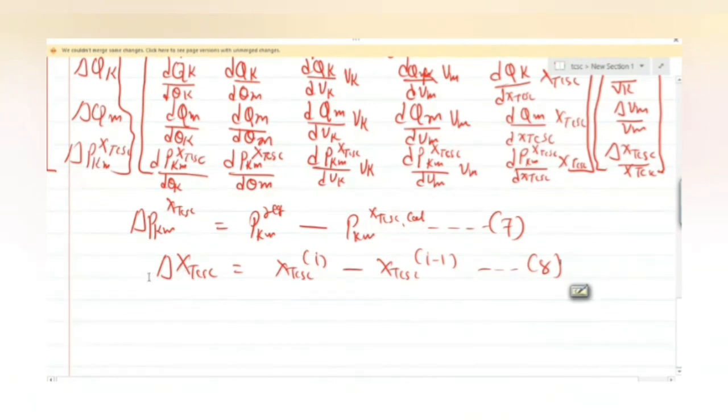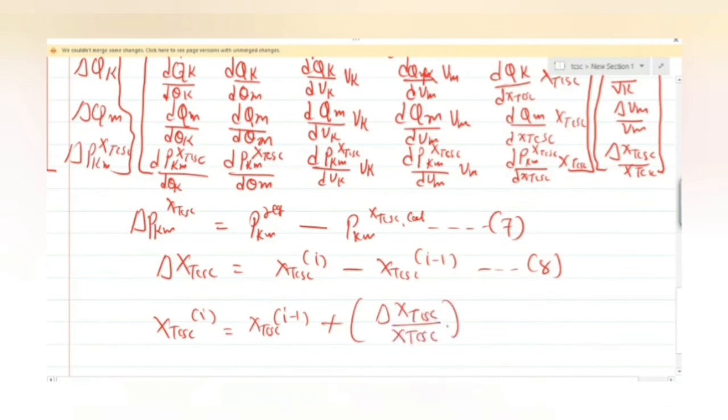So the state variable x TCSC of the series controller is updated at the end of each iterative step according to this equation. According to this equation, the new x TCSC reactance is equal to the previous x TCSC plus the change in x TCSC in the current iteration into the previous x TCSC.